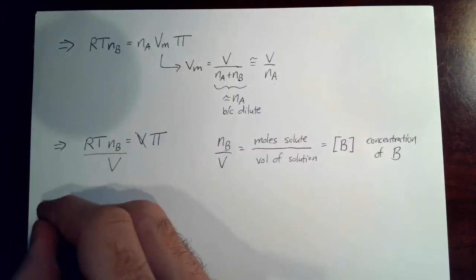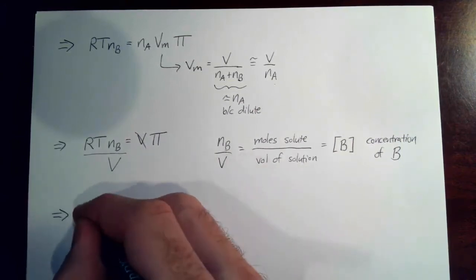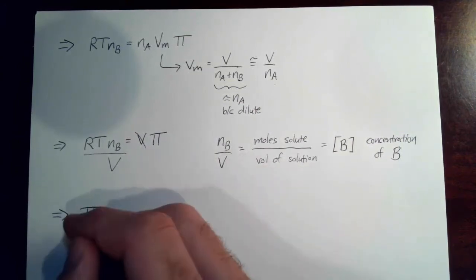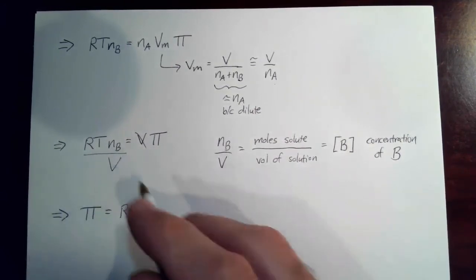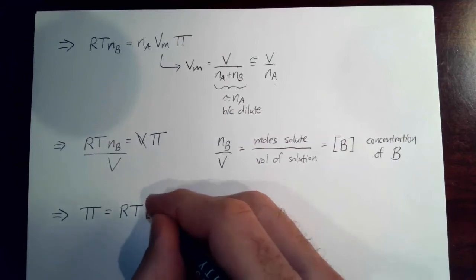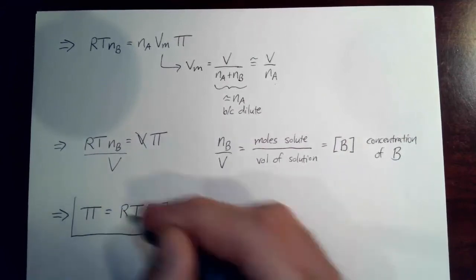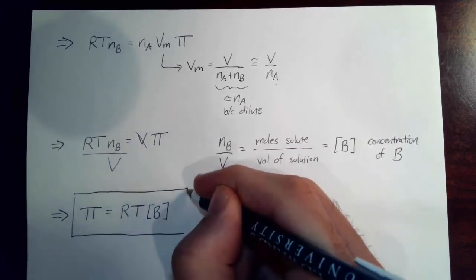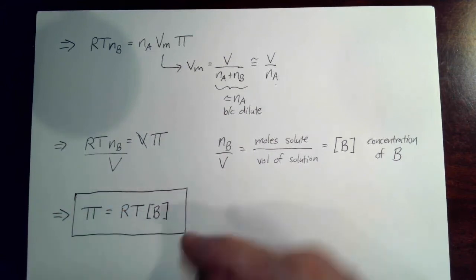And so now I'm going to write down my equation for pi. It's equal to R times T times the concentration of B. Okay, so after numerous substitutions and a lot of simplifications because of the dilute approximation, we arrive at this equation.